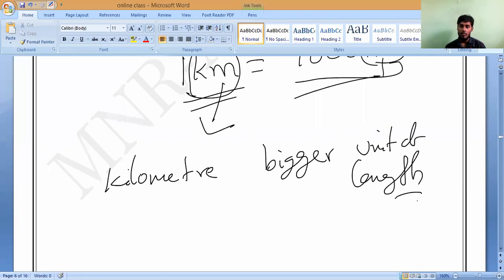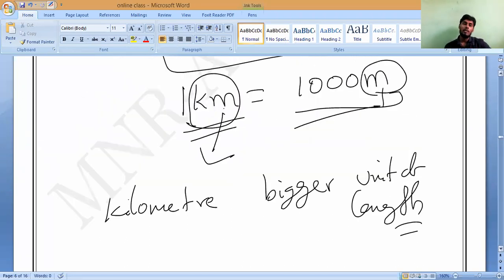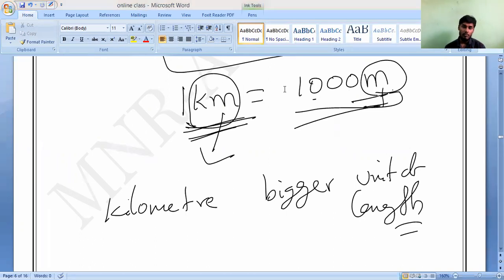So always kilometer is the bigger unit of length, which is equal to 1000 meters. Can you remember, all of you? Yes, sir. Any doubt?